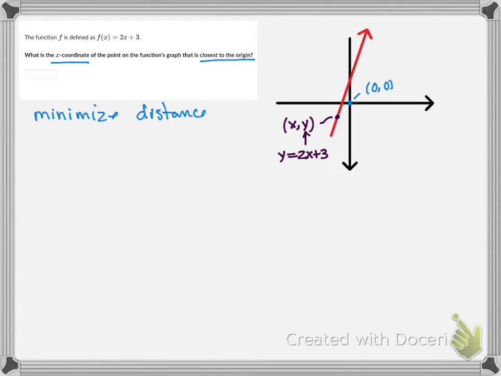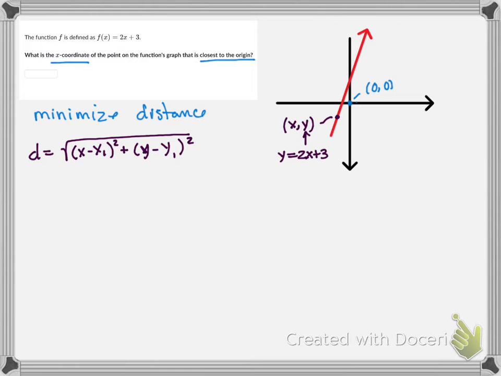And now we know our distance formula, I'll call it d, is equal to the square root of x minus x1 squared plus y minus y1 squared.